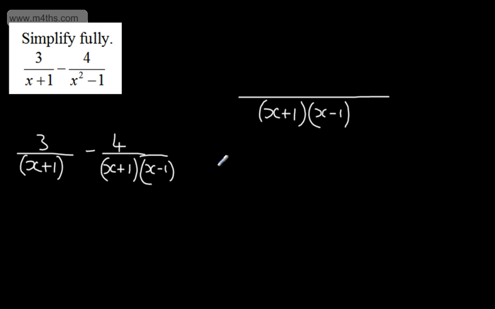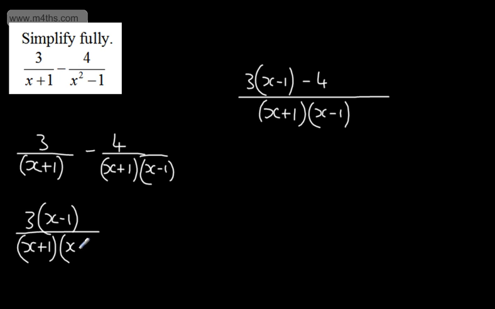So what we're going to do is simply write that this will be 3, then we'll have x minus 1 minus 4, and of course we are not missing anything from the common denominator. Just think about writing an equivalent fraction. An equivalent fraction now is this: x plus 1, and then x minus 1.